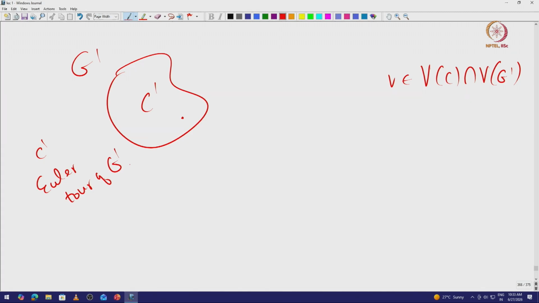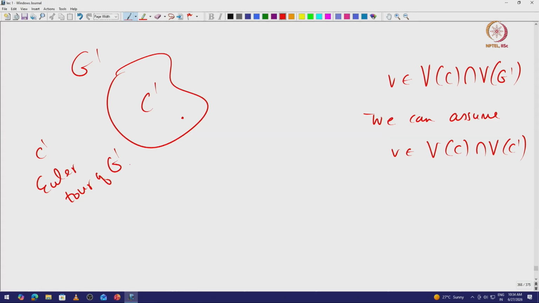C dash traverses all possible edges of this G dash. So, we can assume this V is in the intersection of V of C and V of C dash. This just follows from the connectedness of G, nothing more.